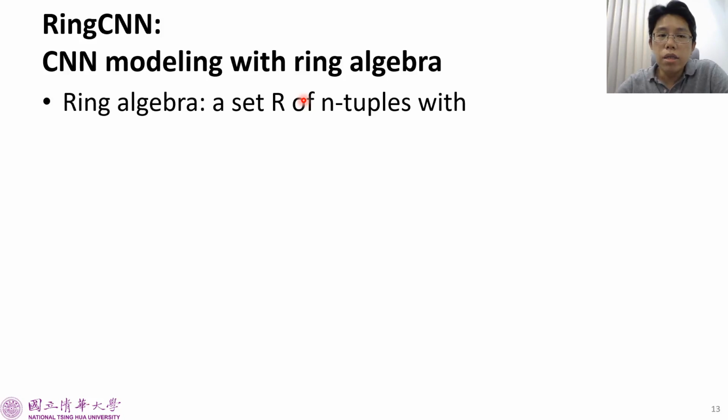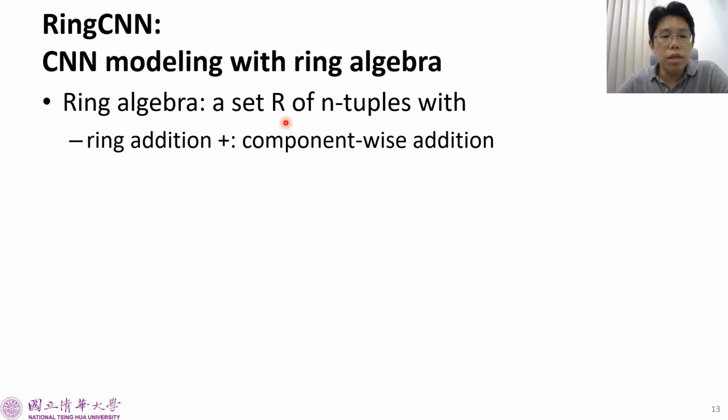Based on this idea, we propose to construct CNN models using ring algebra. A ring algebra is a set R of n tuples with 2 fundamental operators. The first one is addition. Here we simply use the component-wise addition.